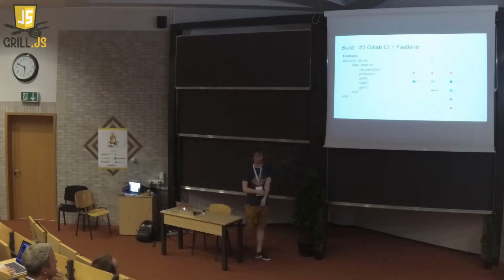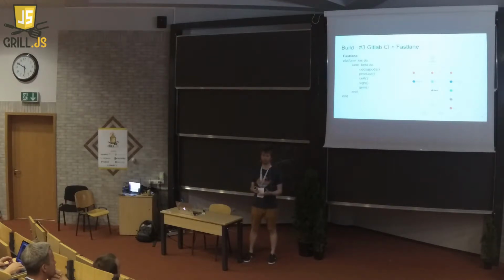And another way would be to use Fastlane. Fastlane used to be free and open source. A few months ago it was purchased by Google. It's still open, but the future is unknown. But it's a very powerful tool. It was written as a hackathon project. The idea was to build something that would automate iOS development.